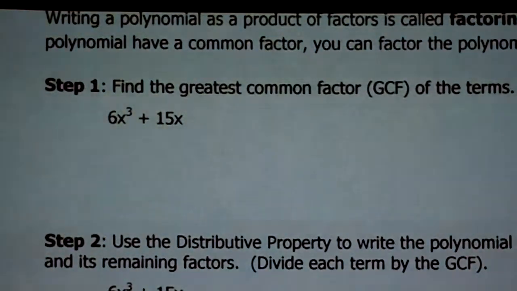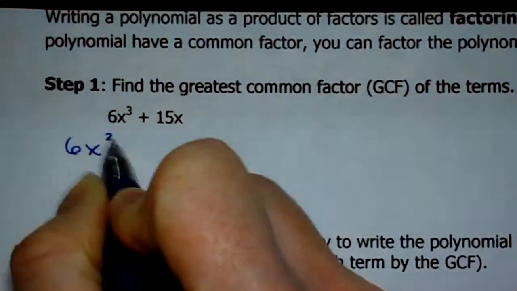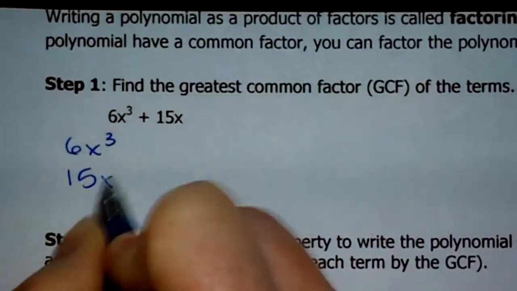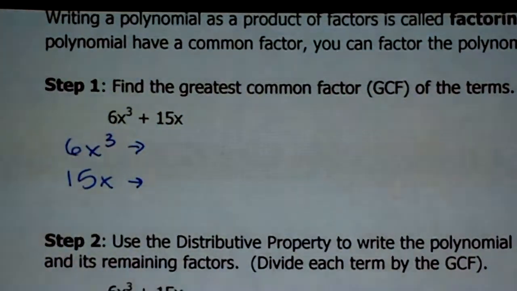If you look at this and you're like, I have no idea, how do you do the GCF again? I'm going to show you the long way now, and later on you're not going to have to show me all these steps, but it's good to show them on notes so that you have it. I have this term, 6x cubed, and the term 15x. We're going to list the factors of each, okay?